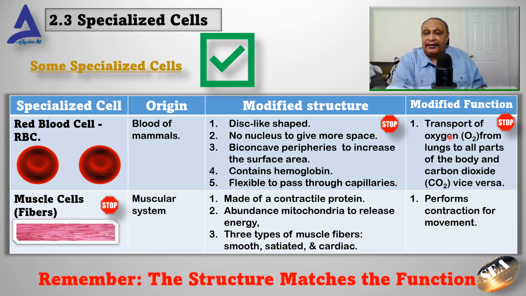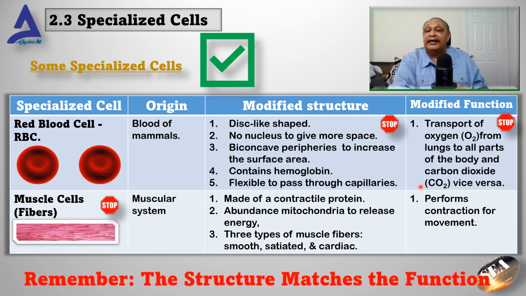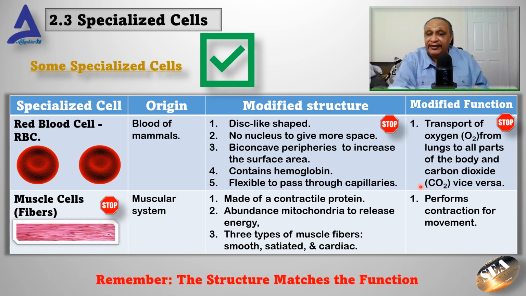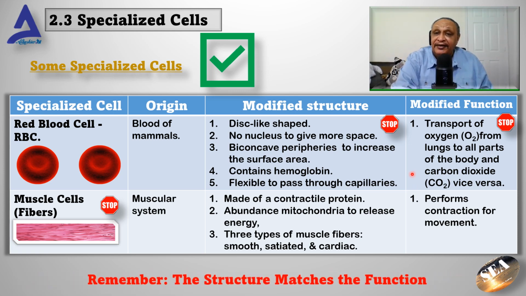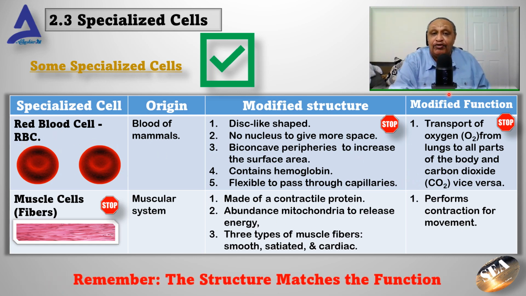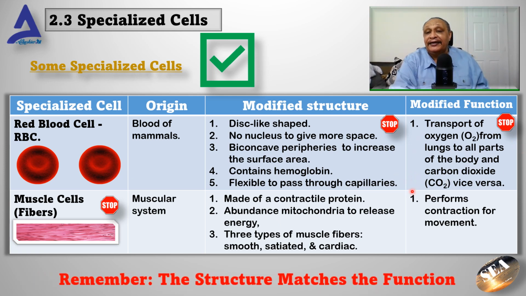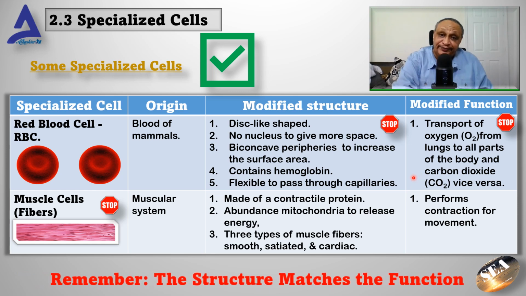The body needs oxygen but should get rid of carbon dioxide. So the red blood cell plays a role in doing this, transporting oxygen and getting rid of carbon dioxide.